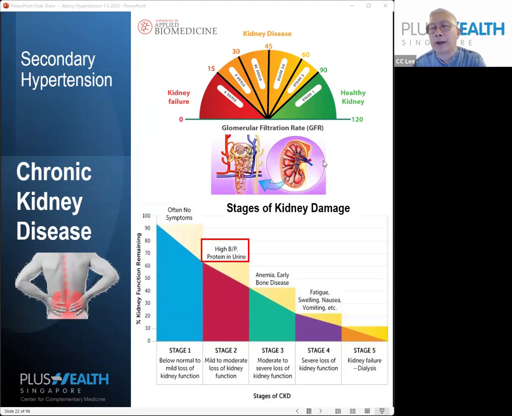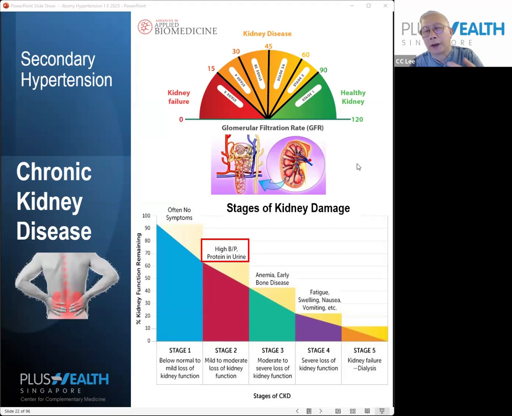If your kidney is healthy, your filtration function is above 90. When your kidney function is getting weaker and weaker, this number will drop until you reach a stage where it's zero.